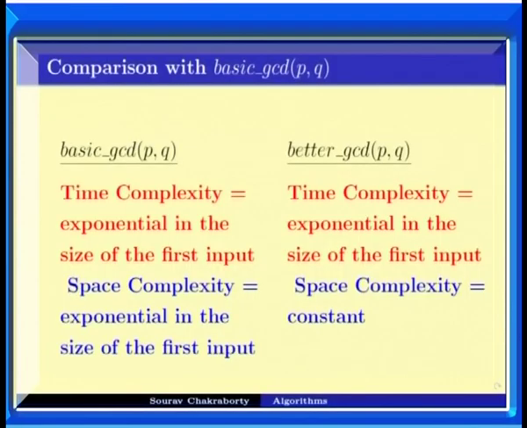It is just the realization that in the basic algorithm we were storing this array, which is not necessary. All we needed is to keep the highest value which divides both p and q, and that is what the better algorithm did. Clever implementation can improve the time complexity or space complexity of various algorithms.